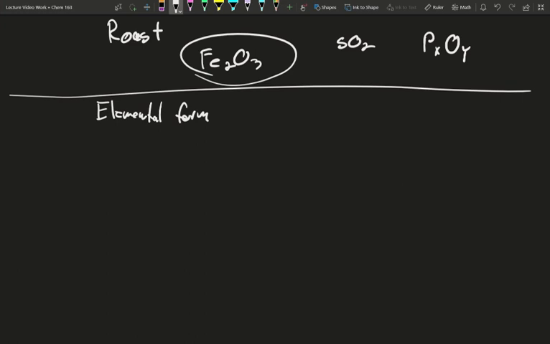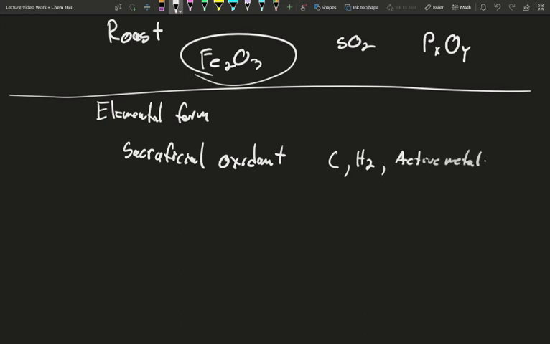For this, we need something that we can sacrifice as an oxidant. In general, sacrificial oxidants are things like carbon, or maybe H2. Sometimes they're more active metals, such as zinc, used to help refine some elements. Iron especially, using coke, just carbon.